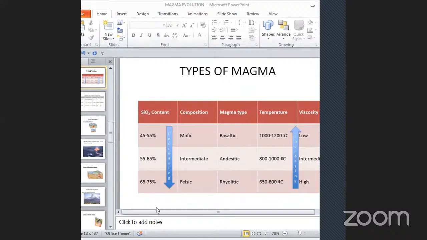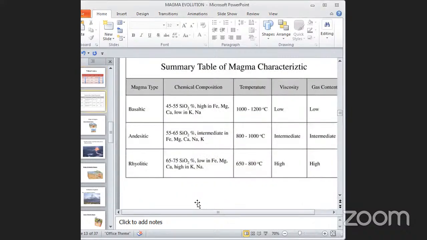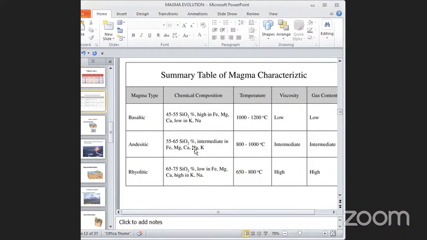So you see here some of the table in magma characterization. First one is basaltic. Chemical composition, you see 45 to 55 silica percentage and high in iron, magnesium, calcium, low in potassium and sodium, right?